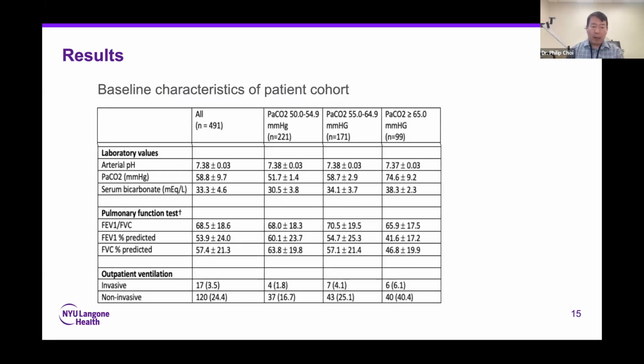And then if you look at the bottom, the number of patients who were prescribed outpatient non-invasive ventilation was less than 25%, but you can see that with increasing PCO2 levels, a little bit more of the population was actually being prescribed non-invasive ventilation. So again, we did not account for any adherence data, but at least it seems like once people were getting to the extremes of disease, it was being recognized that non-invasive ventilation might help.